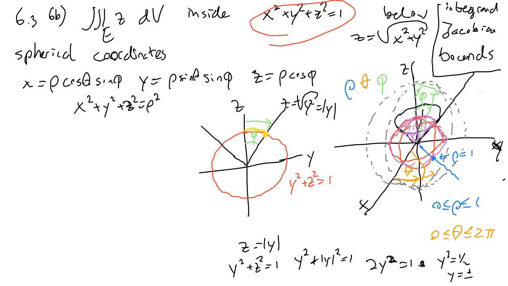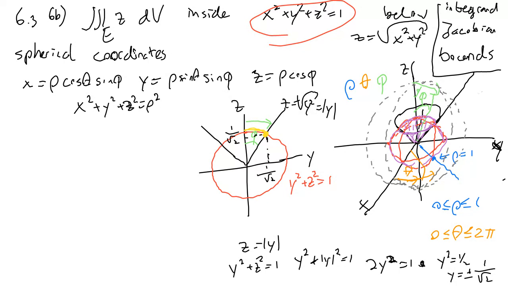So that's 1 over root 2. And what's the z? Well, z will be the absolute value of that. So now the yellow point over there. There will be another point on the other side, but I only need one. This will be 1 over root 2. And the z value will be the same. It will also be 1 over root 2.